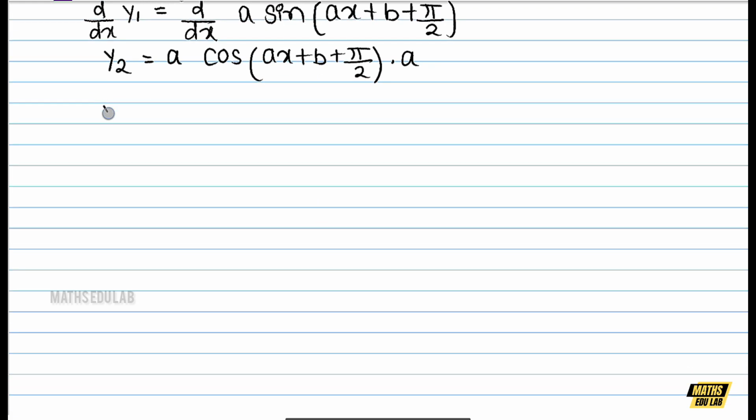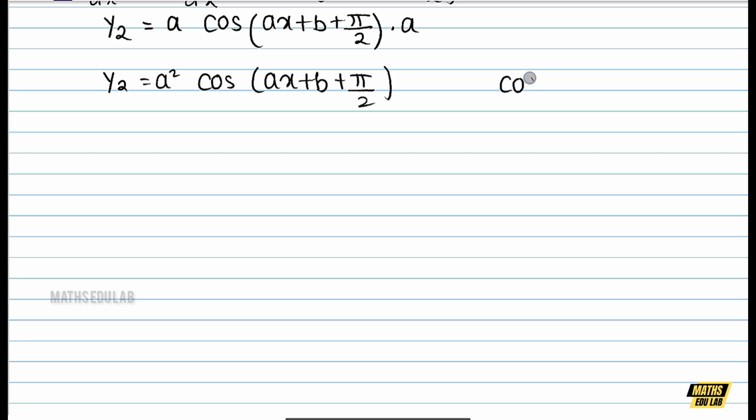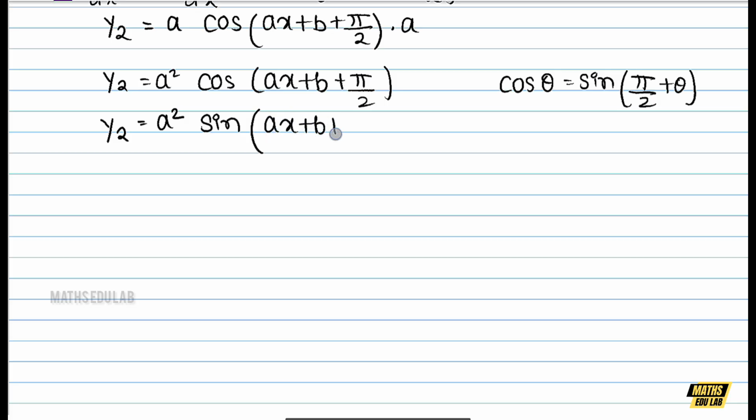Then these a will get multiplied and I can write a square cos(ax + b + pi by 2). This is what I got as the value. This is also in the form of cos theta, which by the formula of sine(pi by 2 + theta), I can write y2 is equals to a square sine(ax + b + pi by 2 + pi by 2). Here this is our theta value, and the pi by 2 is already present, which was present in the formula.